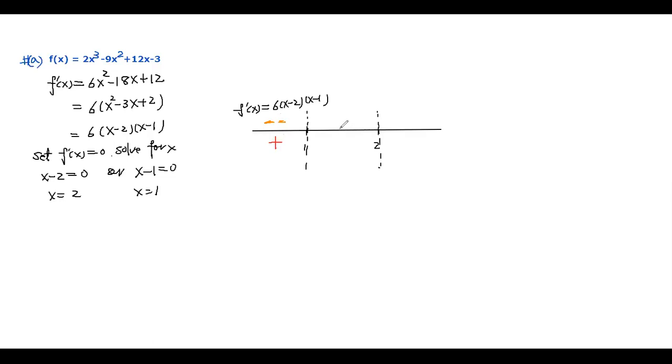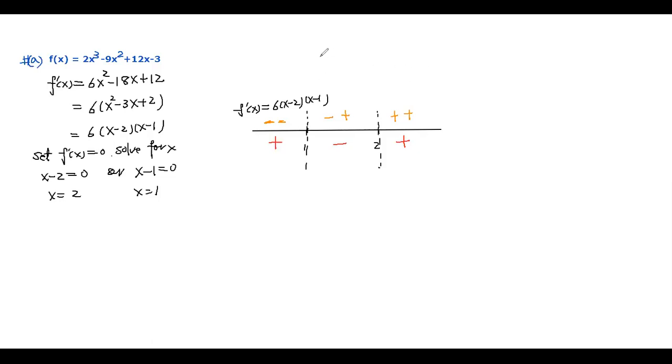If I choose 1.5, then 1.5 minus 2 is negative and 1.5 minus 1 is positive, so it's minus times positive, and I have a negative. Now the third one, you do the same way. I choose 3. So 3 minus 2 is positive and 3 minus 1 is positive, so positive times positive, and you have a positive.